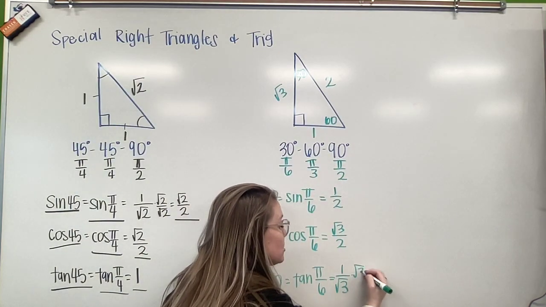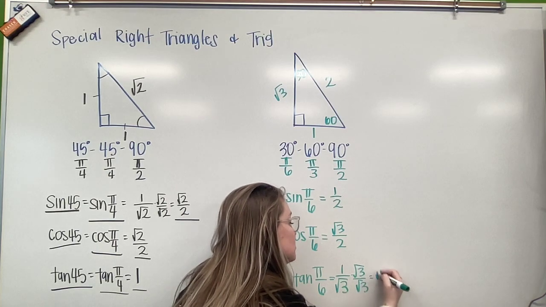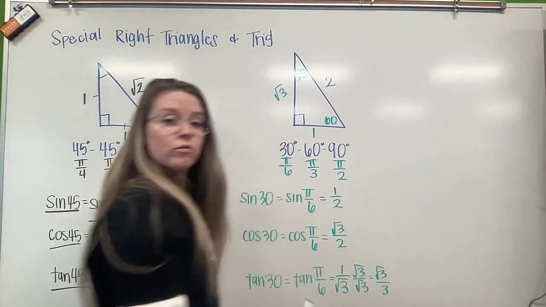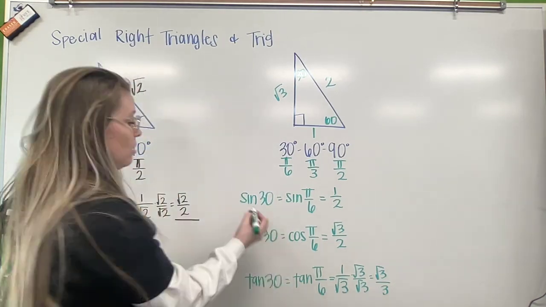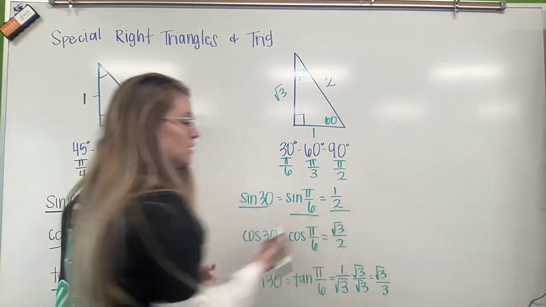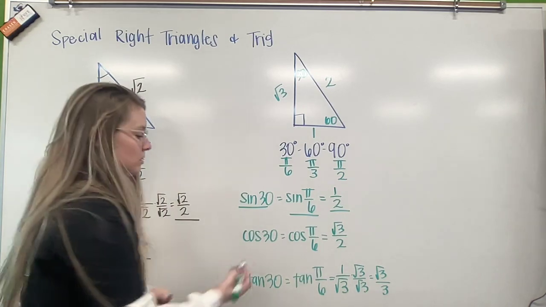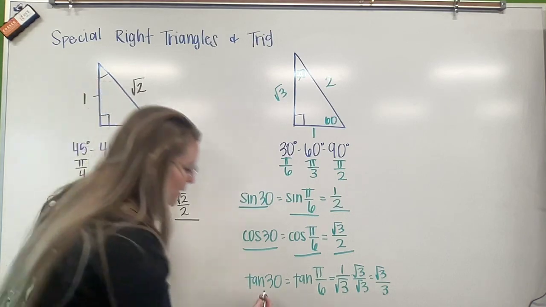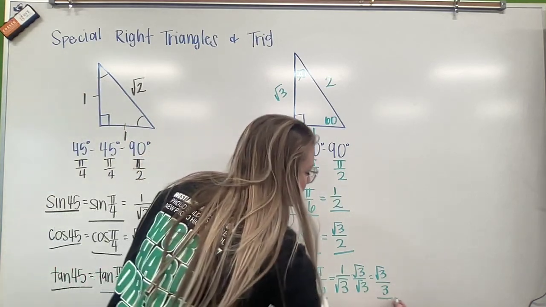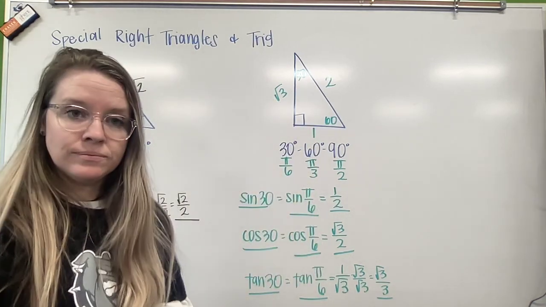And then we're going to rationalize that, so we get root 3 over 3. Okay? So again, facts I need you to know. Sine of 30 is 1/2. Cosine of pi over 6 is root 3 over 2. Tangent of 30 is root 3 over 3.